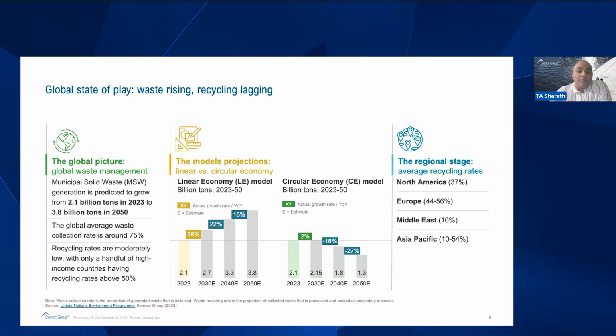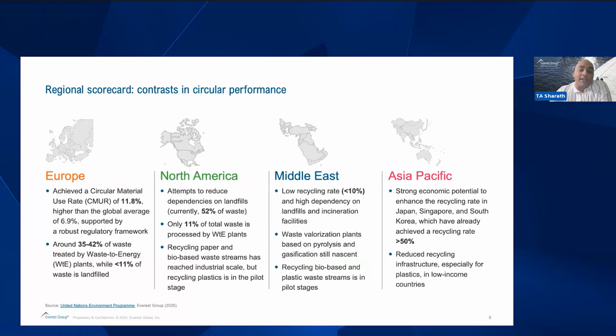The next slide will provide the region-wise information on the amount and type of waste which is being processed and recycled. So I would start off with the best, Europe. It has the most proven and well-established approach for waste recycling. Its circular material use rate, CMUR, which measures the percentage of total material that comes from recycled or recovered materials instead of virgin materials, is actually 11.8%, and it's quite higher than the global average of 6.9%.